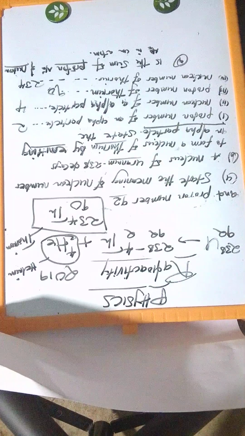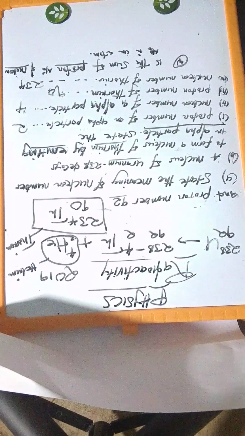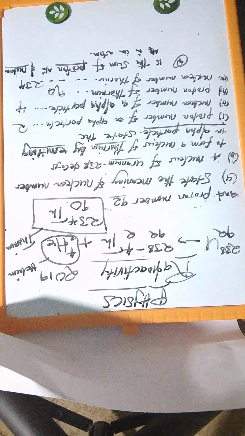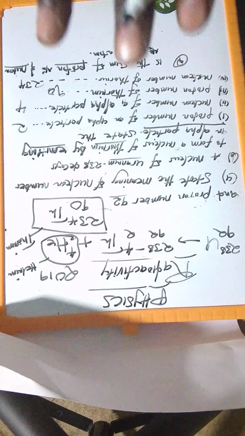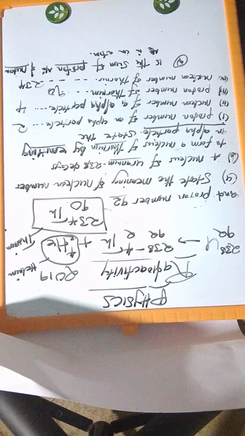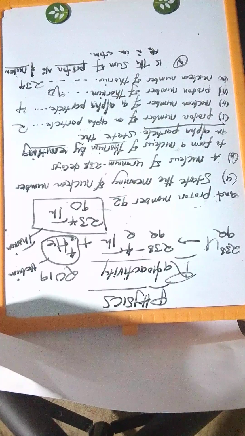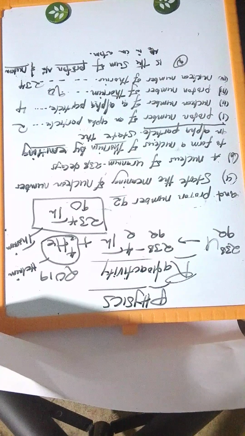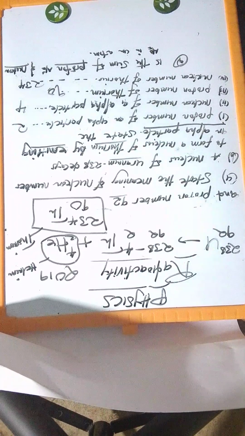Next time, we'll look at how to answer the same type of questions when a beta particle has been emitted, so that we can compare how to come up with the answers with different questions. So for today, we end here. We can go and search for other questions which can help us to apply the alpha decay.